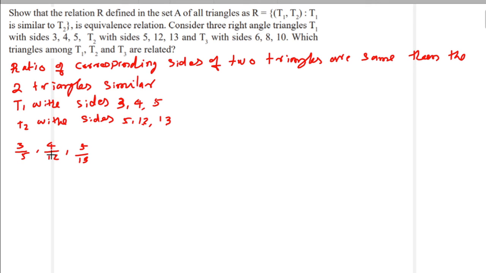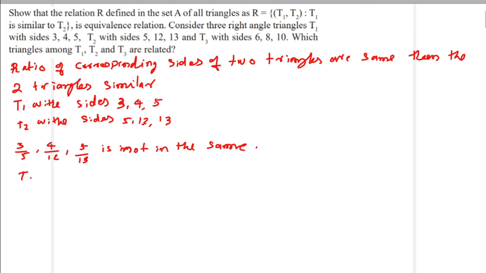In this case, there is no common ratio. So it's not in the same ratio. If the ratios are the same, they are similar.